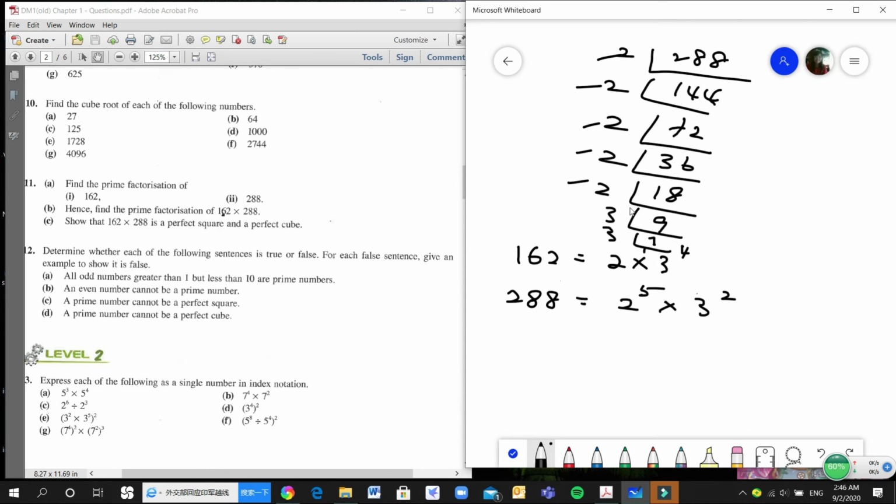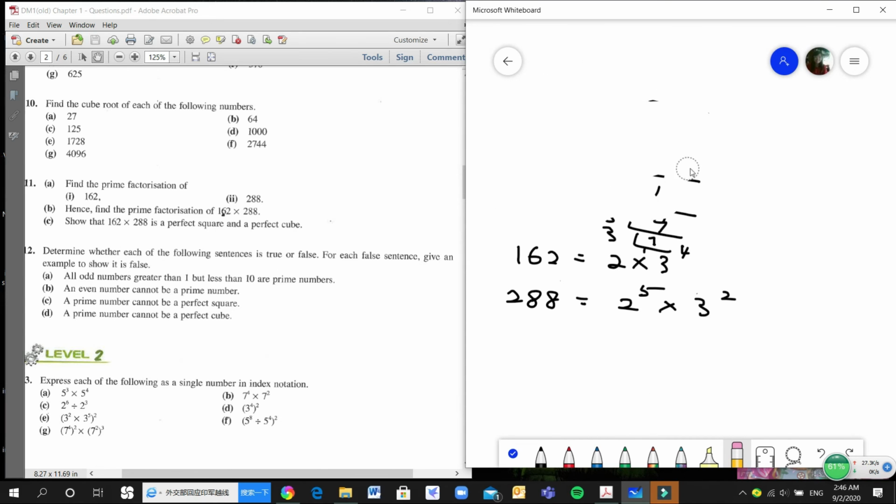Okay, then we can go to part B. Let me erase this first. If I want to find part B, they say find the prime factorization of the product of 162 and 288.